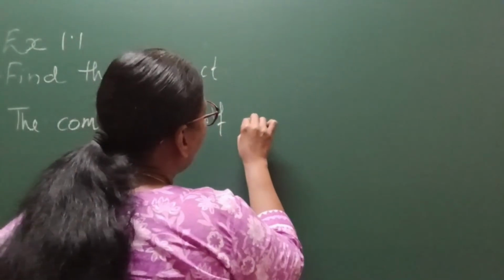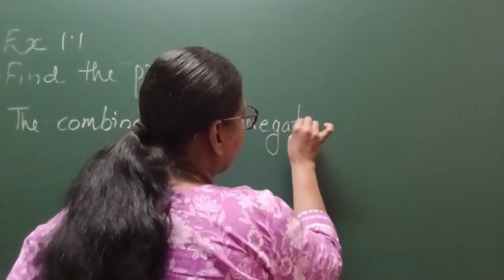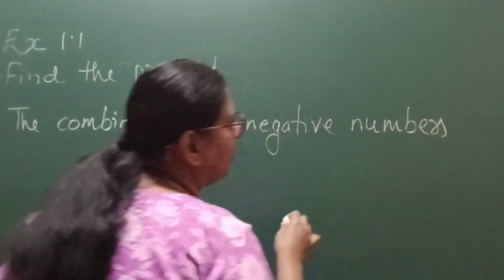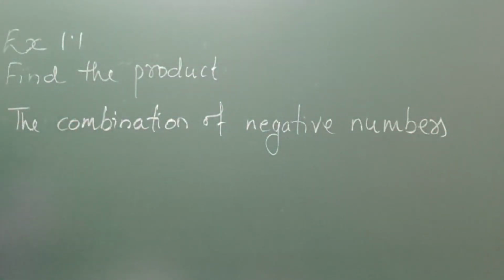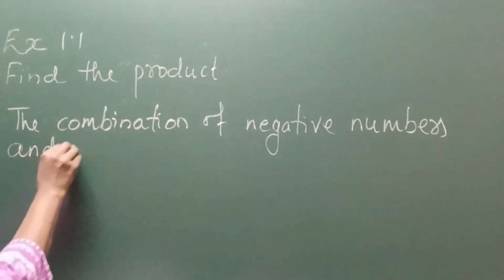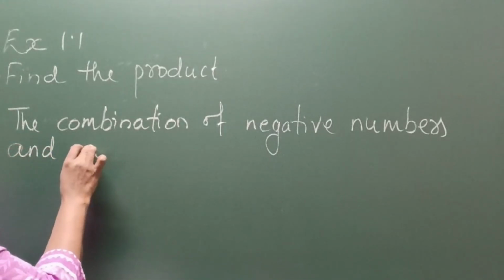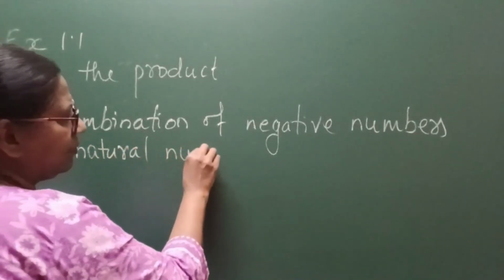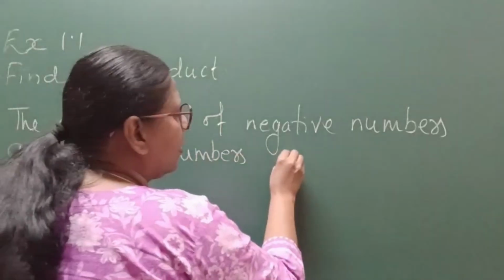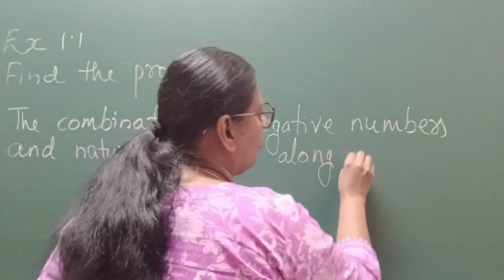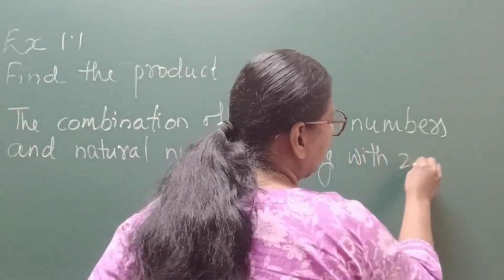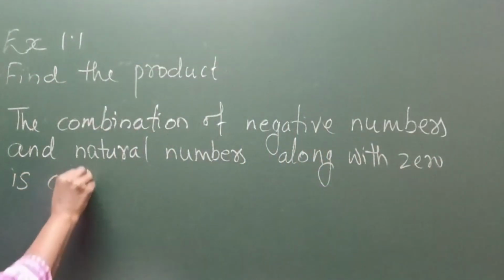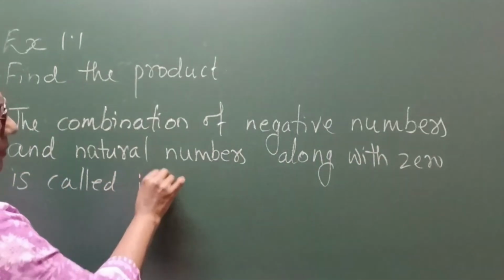The combination of negative numbers and natural numbers along with 0 is called integers.